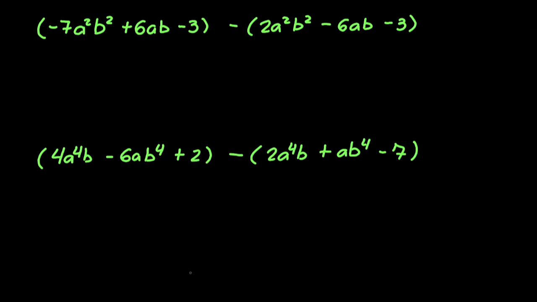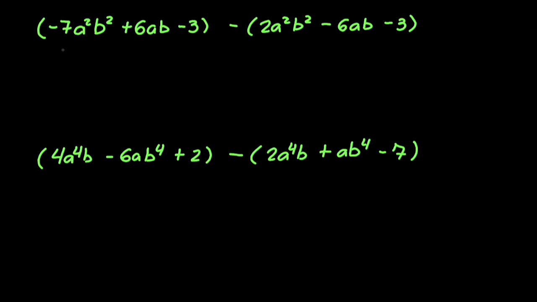Let's move on with these examples. Negative 7a squared b squared plus 6ab minus 3. Subtract it from 2a squared b squared minus 6ab minus 3. First step is to distribute the negative sign towards this parenthesis.